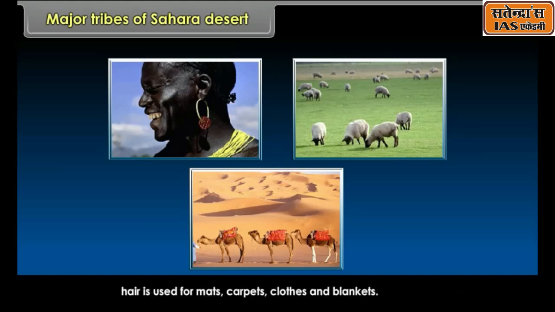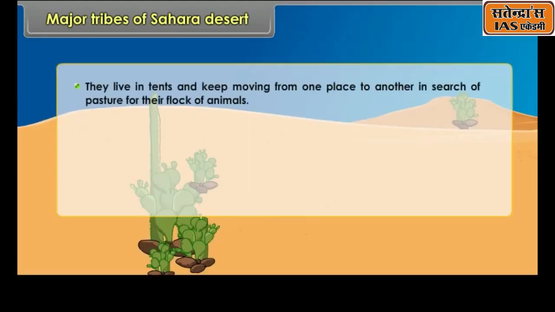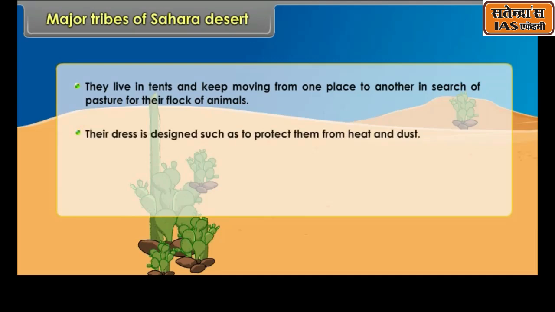Hair is used for mats, carpets, clothes and blankets. They live in tents and keep moving from one place to another in search of pasture for their flock of animals. Their dress is designed to protect them from heat and dust.